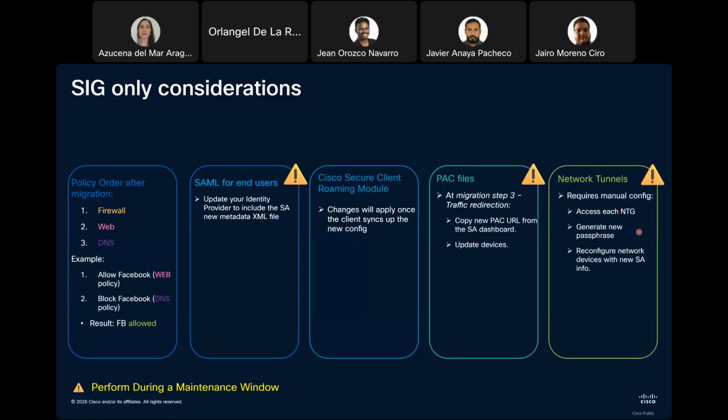It will launch a wizard where you can complete a few steps, like generating the new passphrase, and then you need to reconfigure your network devices manually with the new Secure Access information. The ones that you see with the warning icon are to be performed during a maintenance window.